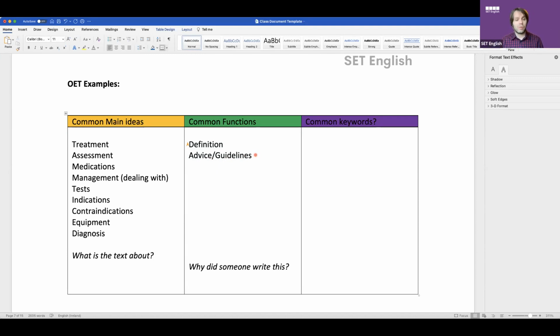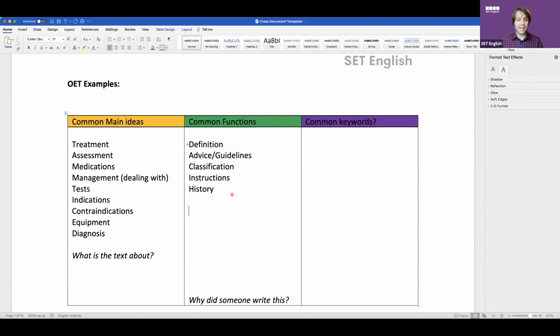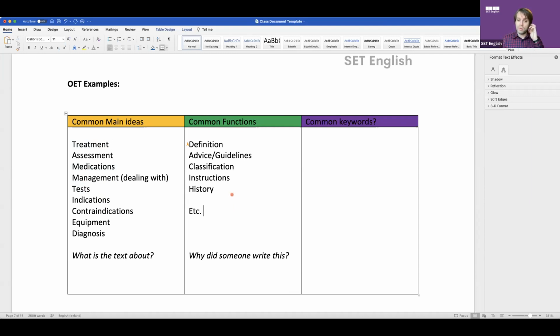Definition, advice, classification, instructions, what else? History. History might be the history of cancer treatment, or history of testing. You see how functions can apply to any main idea here. I think that's most of them. There are not very many. It's usually one of those.